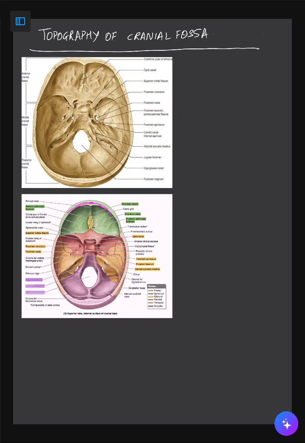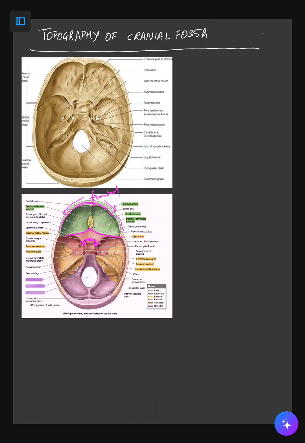Posteriorly, the free posterior border of the lesser wing of the sphenoid bone, anterior clinoid process, and anterior margin of sulcus chiasmaticus. Both sides are also frontal bone.